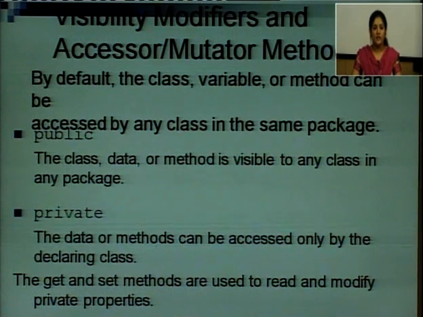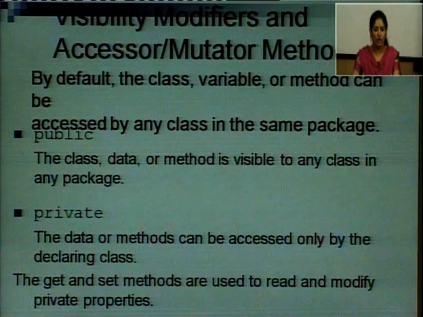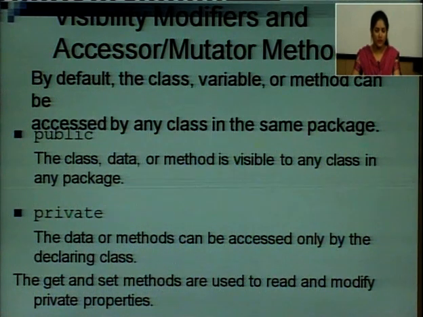The next is visibility modifiers and accessor and mutator methods. As I told you about three access specifiers in the beginning of the lecture, by default, the class, variable or methods can be of type public, private or protected. If you are writing the public keyword in front of a class, it means it can be accessed by any class in the same package.